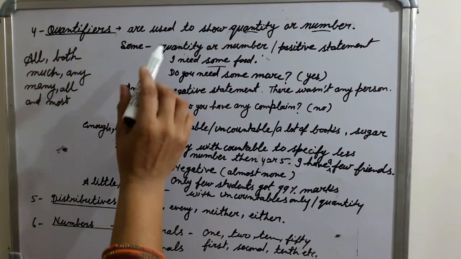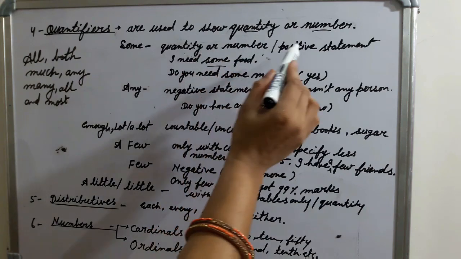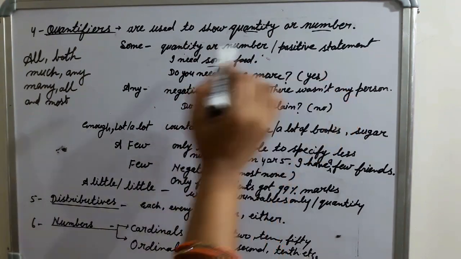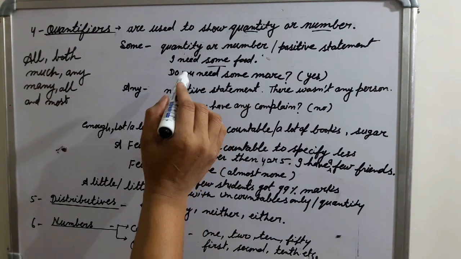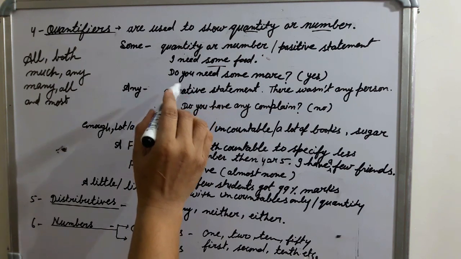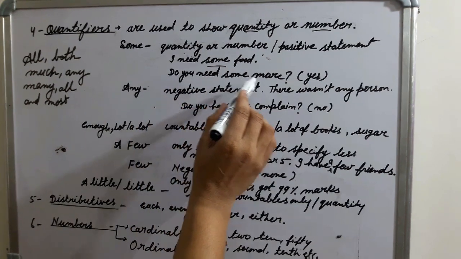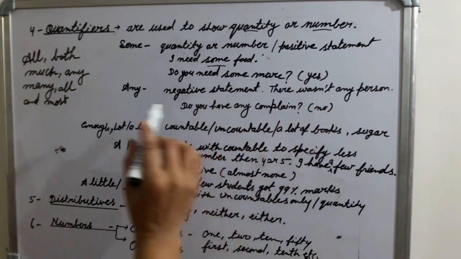Some is used to show quantity or number. Some is used in positive statement. For example, I need some food. And some is also used in question. Do you need some more? The expected answer is yes. Any.